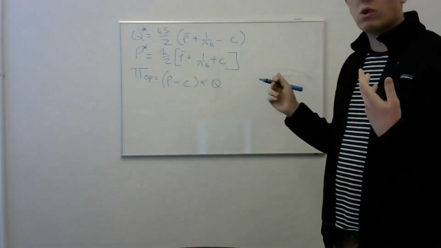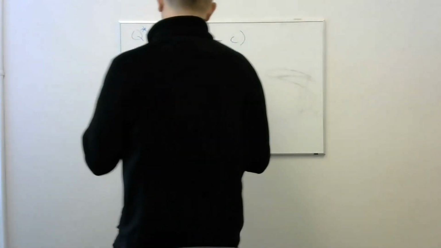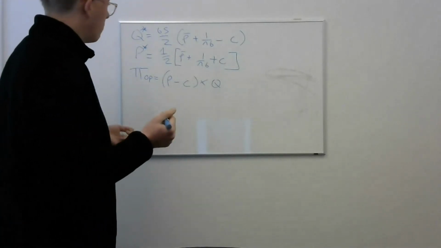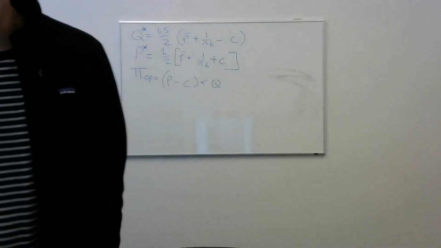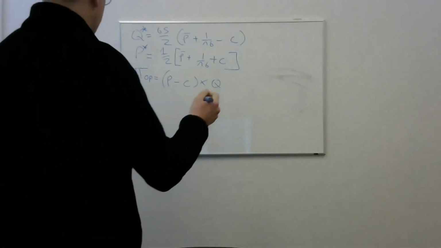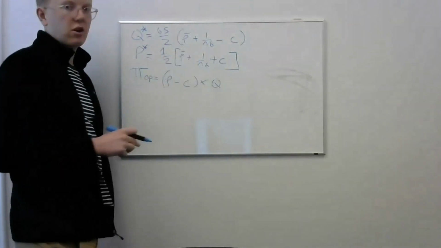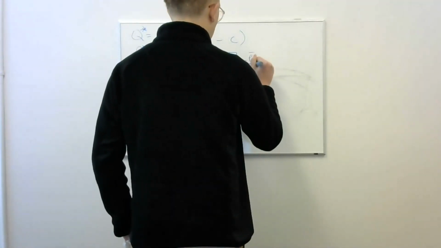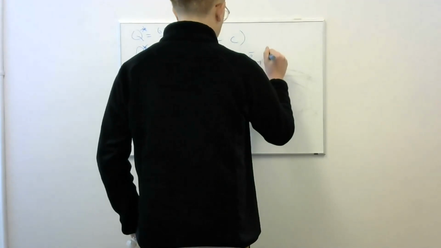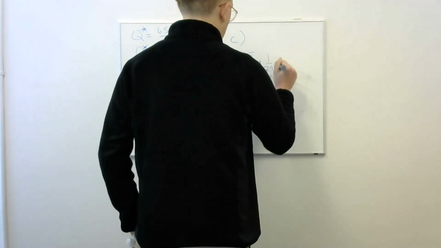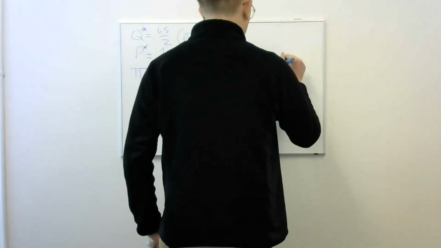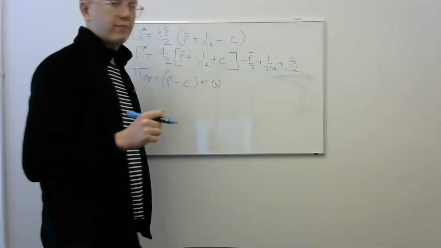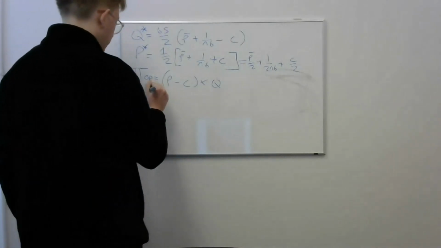Okay, so I'm going to start off by plugging in for P. I'm just going to multiply out each term by half. So this is going to give me P bar over 2 plus 1 over NB times 2 plus C over 2.